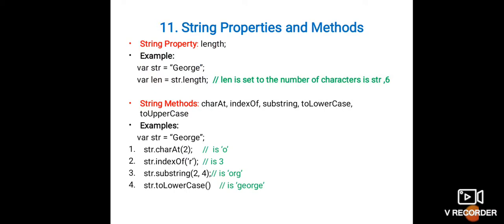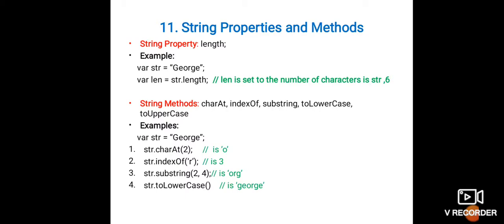It returns the character in the string object that is at the specified position, here position 2. Note that for the string methods, character position starts at 0. That's why O is at position 2. G is at position 0, E is at position 1, and O is at position 2. That's why the output is O here.